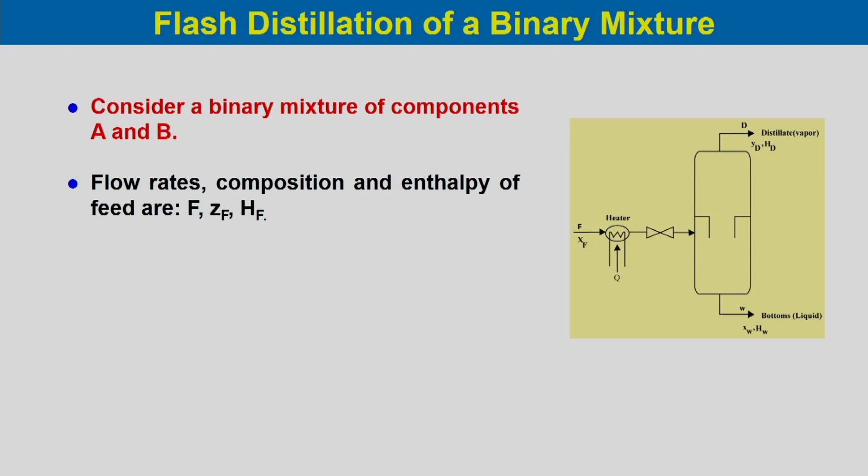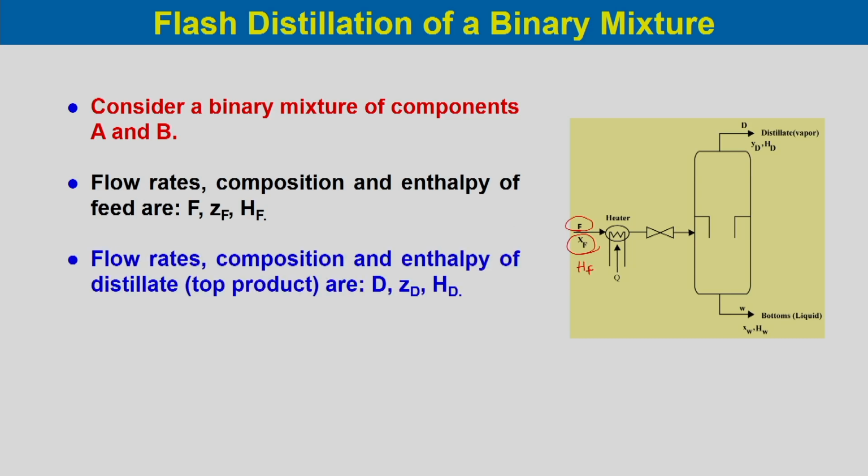The feed molar flow rate is F, its composition is XF, and its enthalpy is HF. Then the flow rate, composition and enthalpy of the distillate, which comes as the top product: the distillate molar flow rate is D, it is a vapor, the vapor composition is YD and its enthalpy is HD.